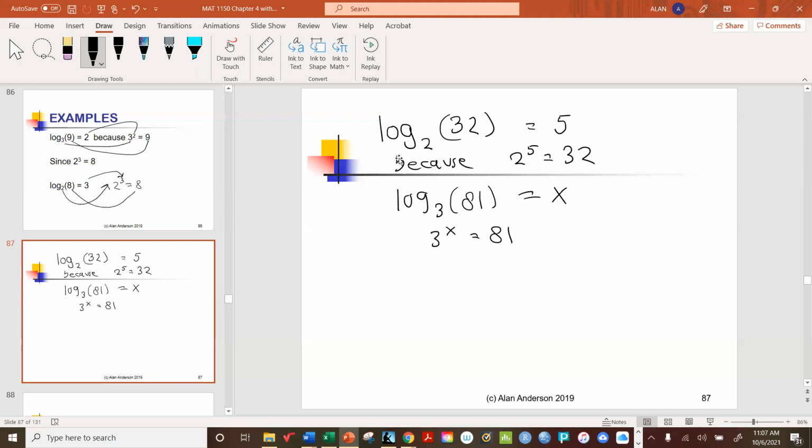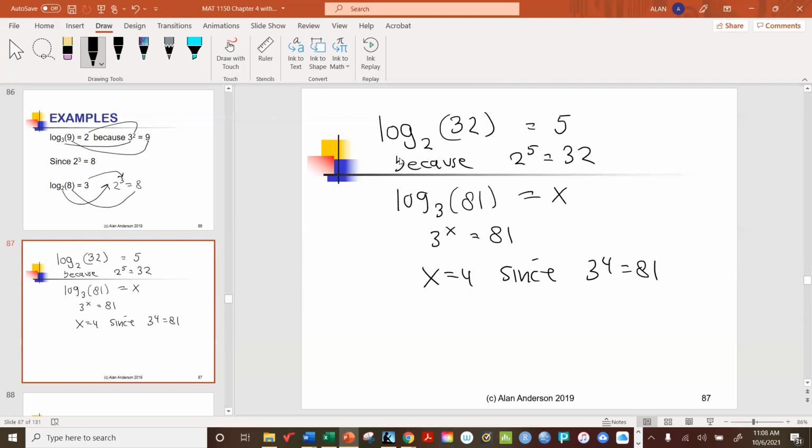Make sure you turn it over on its side, because then you get a full-blown scientific calculator. It has log 10. It has natural log, but that's all it has. I guess they figure those are the only ones you're likely to need. But for the others, it turns out that there are some formulas we can use to get what we need, even if the calculator doesn't have the right base. We'll see what I mean in a minute. But in this case, x equals 4, since 3 to the 4th is 81.